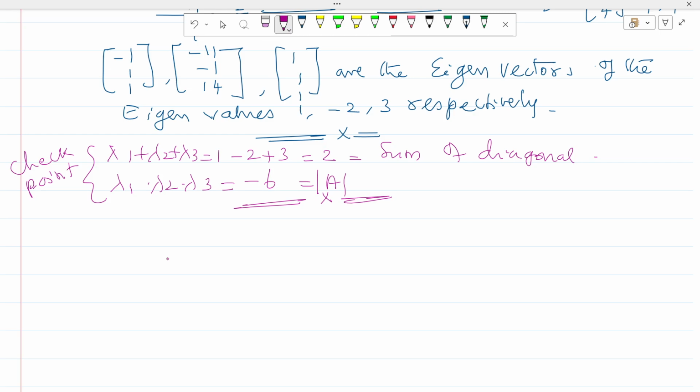See, for example, I can consider one symmetric matrix.